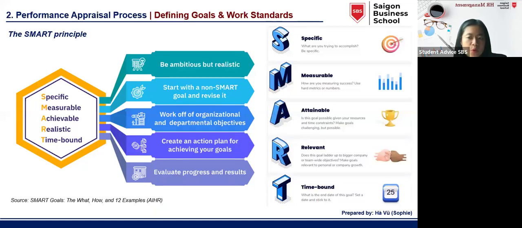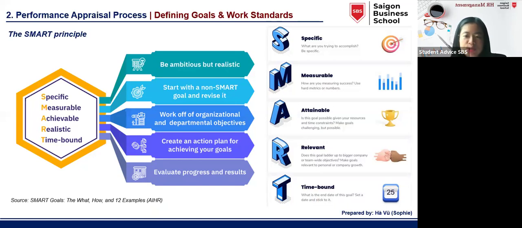So most employees expect to know in advance how they will be evaluated and what their goals are. Ideally, these goals should align with the company's overall objectives. However, setting effective goals isn't always easy.